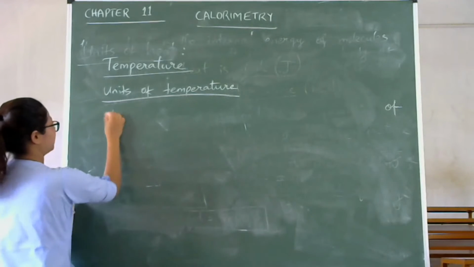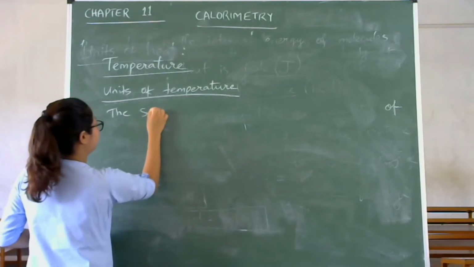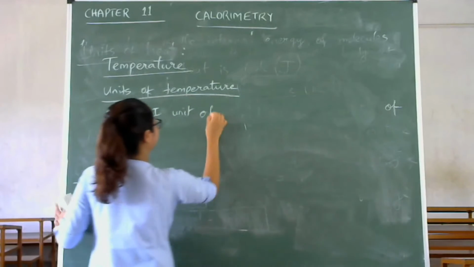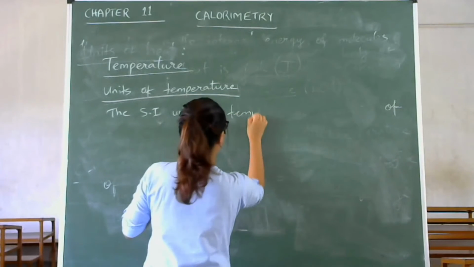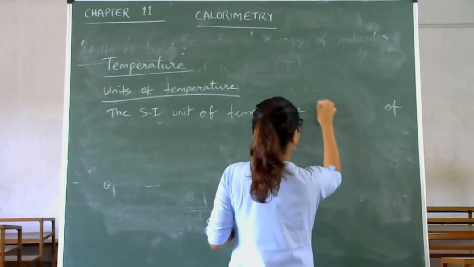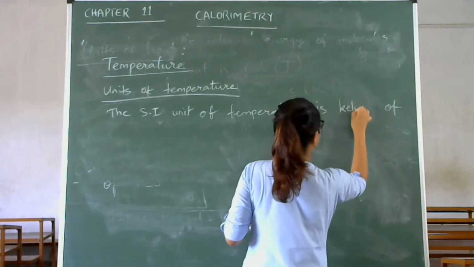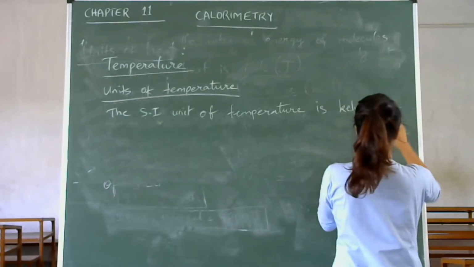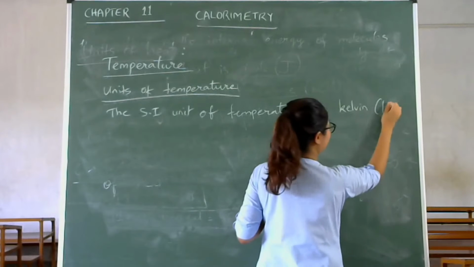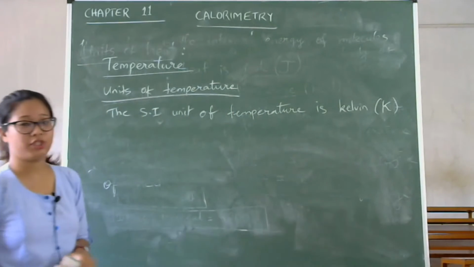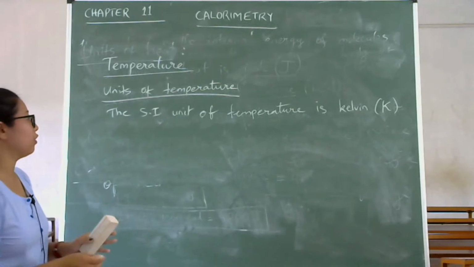Units of temperature. The SI unit of temperature is Kelvin, and Kelvin is written with a capital letter K. We have another common unit.